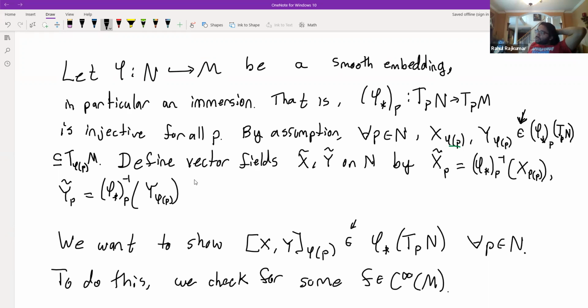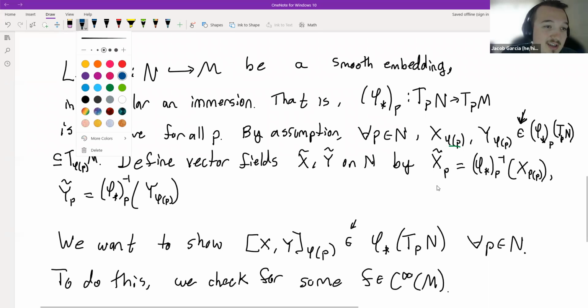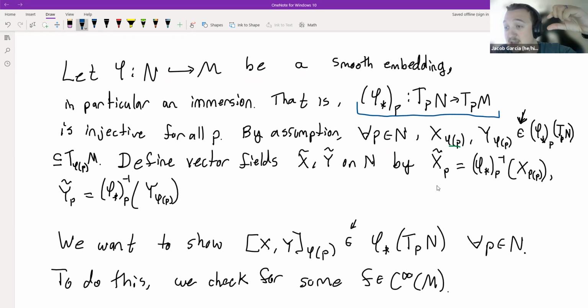Can you just clarify real quick for me what the notation phi star of T_pN is? Yeah, so phi star is the differential. So this is the map when I restrict it to p.